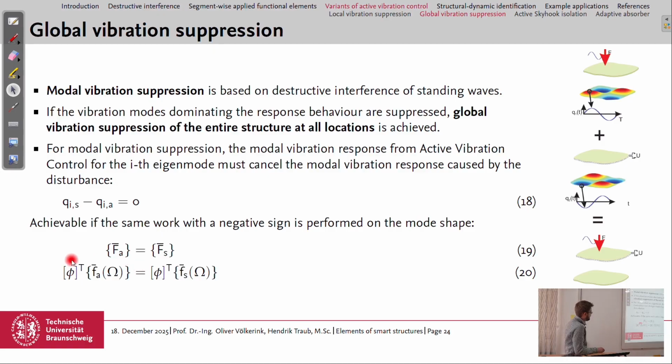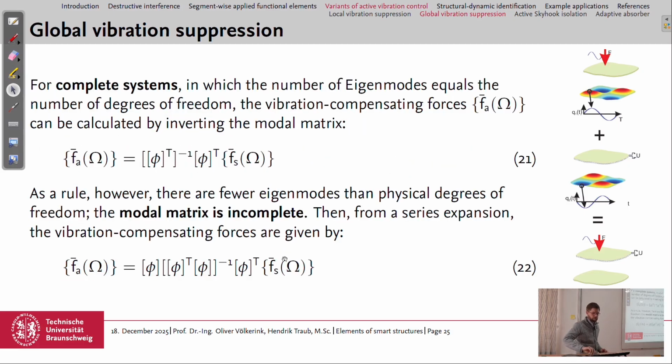This can also be written as the vectors of the different mode shapes times the vector of forces for the actuator and also for the disturbance. For complete systems, in which the number of eigenmodes equals the number of degrees of freedom, we can calculate the vibration compensating forces by inverting the modal matrix.